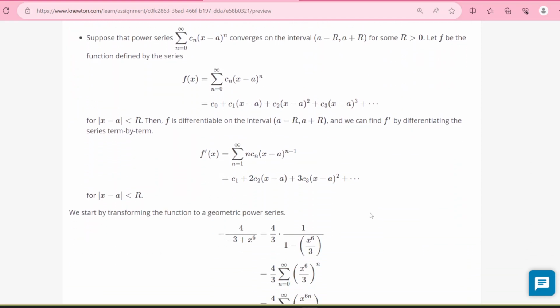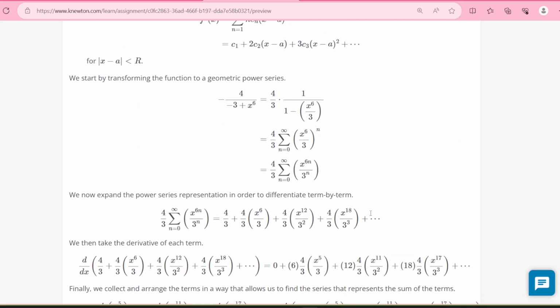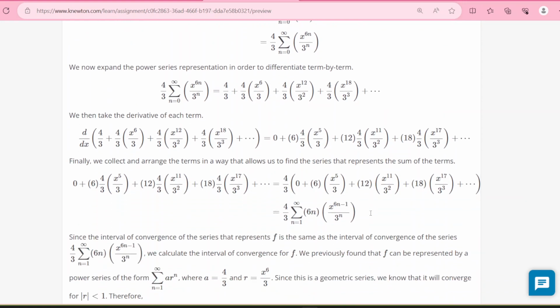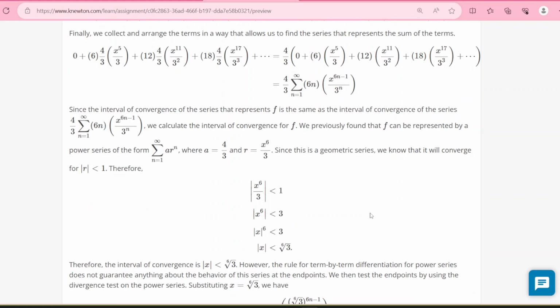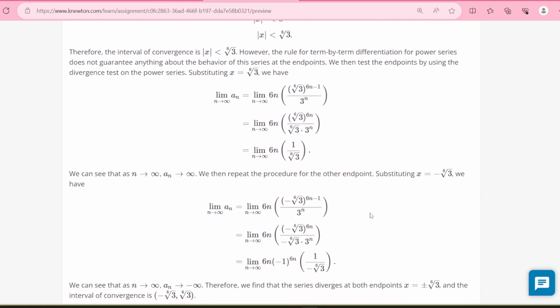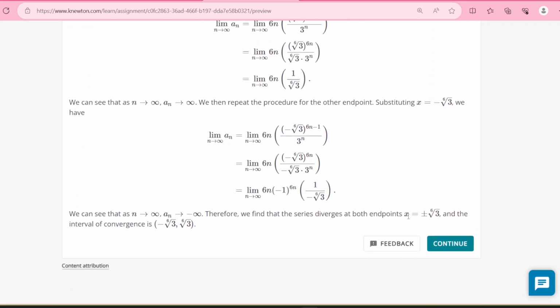Again, they explain how at the same interval of convergence, where you have to check the ends, substituting x equals negative 6th root of 3, positive 6th root of 3, right? Okay. Great.